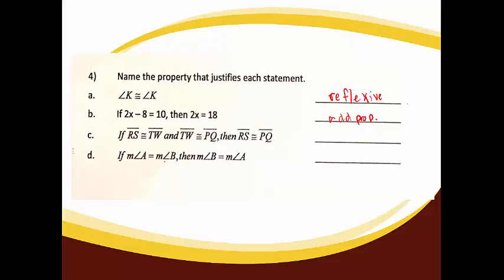If we look at C, that looks like one of those weird things, RS, TW, PQ. So we can pair up the outsides together, and that was the transitive property. The last one looks like angle A equals angle B, then angle B equals angle A. So they have swapped sides, and that is called the symmetric property.